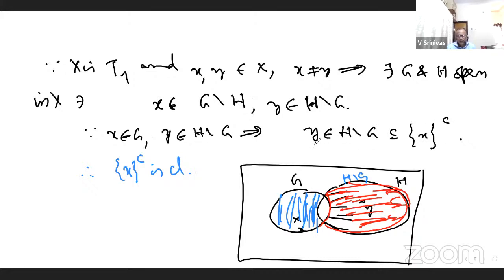And therefore this small y becomes an interior point of this. Therefore this is closed.